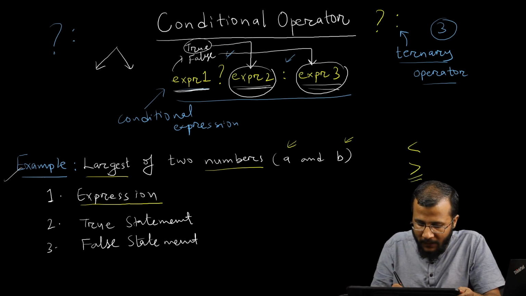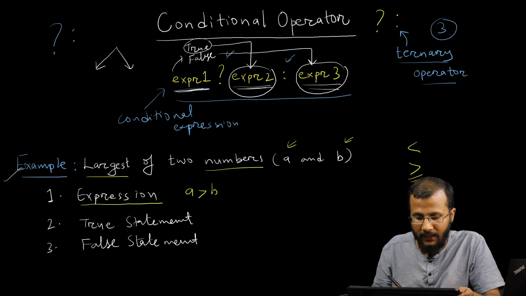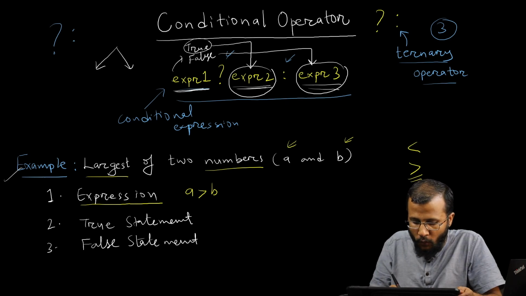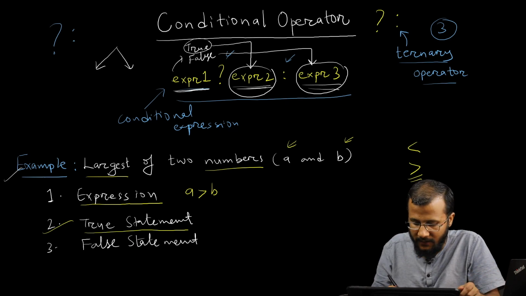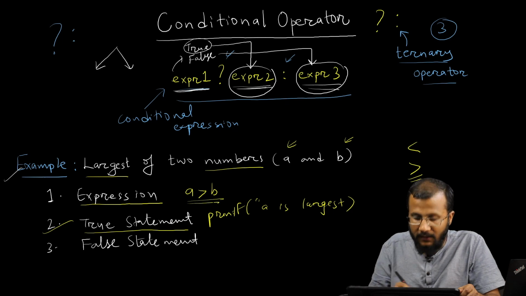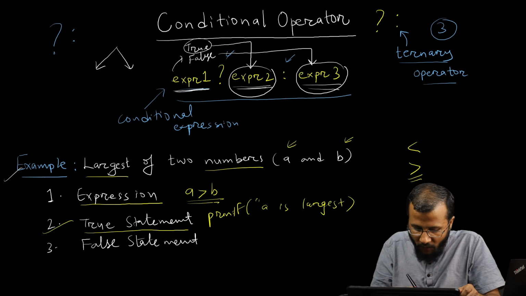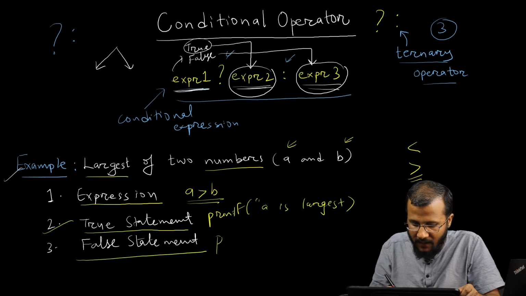So the expression would be A greater than B. This would either be true or false. Whenever this expression is true, we will execute the true statement. In this case, the true statement would be printing that A is largest, so I'll write printf A is largest. And whenever the expression is false, then B is largest, right? So in this false statement, I'll write printf B is largest.